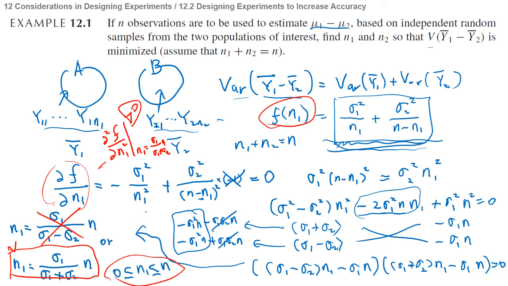I will leave it to you to check this condition. It's not very difficult. So n1 is this, and n2 is n minus n1, so it is sigma 2 over (sigma 1 plus sigma 2) times n. So this is our n2.